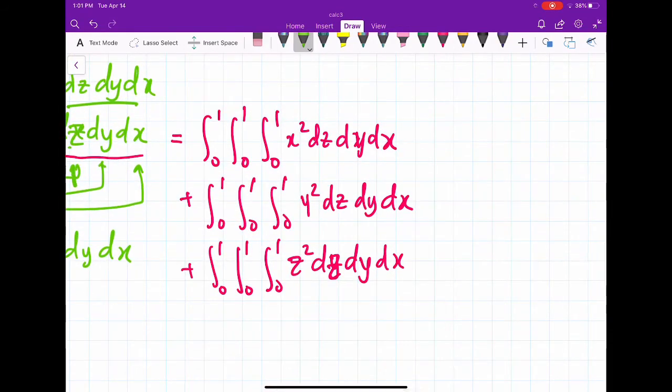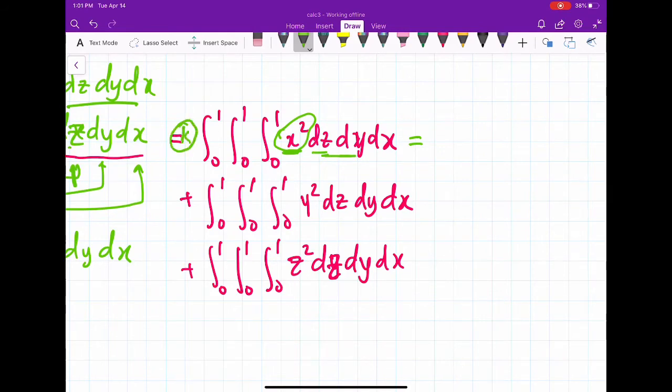In the first integral, you have x squared, but you don't have y and z in this function. So basically, similar to the case of double integrals, we can rewrite this as a product of 3 integrals. Don't forget we have k in here.